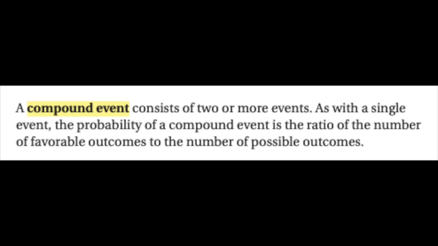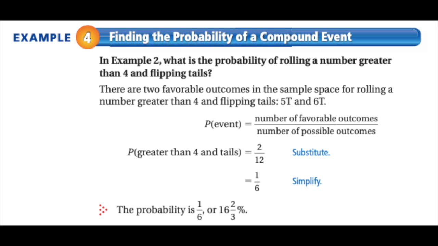All right, looking at examples 4 and 5, we're going to start with the word compound events. Compound events only mean that there are 2 events happening. We've been talking about those earlier when we were looking at flipping a coin and then rolling a die. Example 4 is just that, flipping a coin and rolling a die.